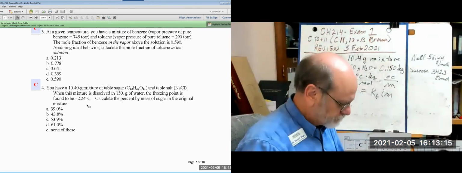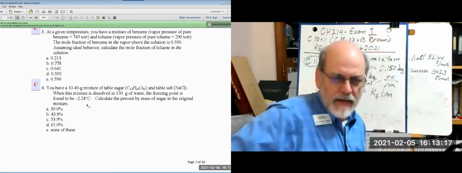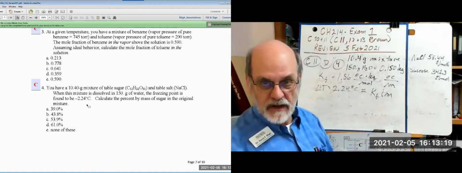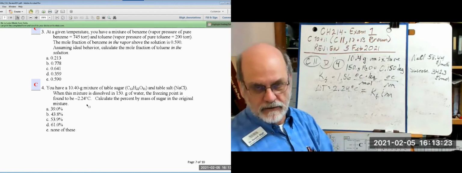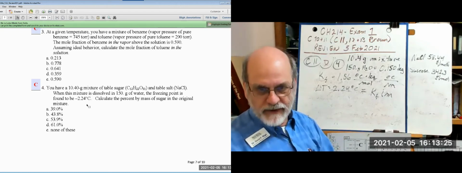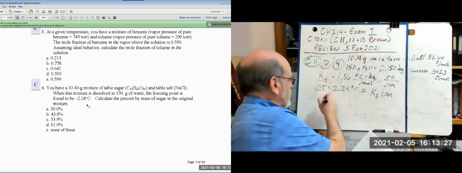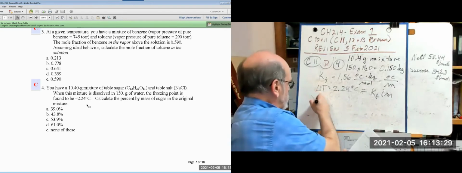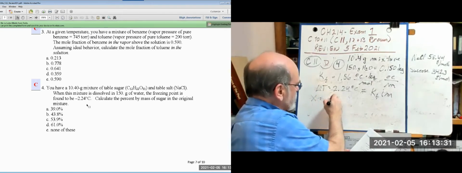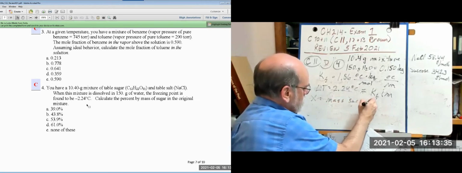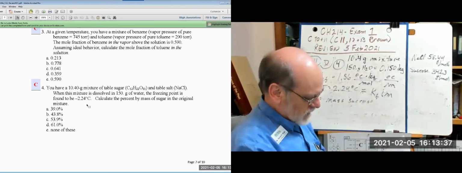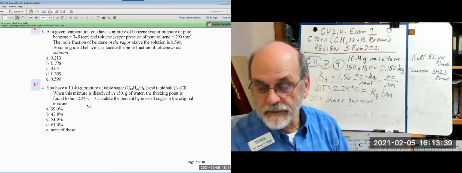All right. So now, here comes the thinking part. We need algebra. Let X equal something. Let X equal the mass of sucrose. Now, why did we pick sucrose?